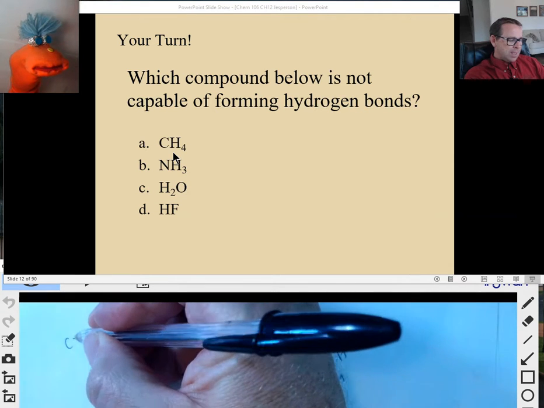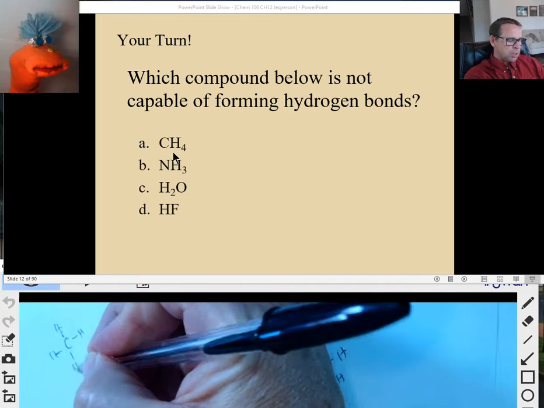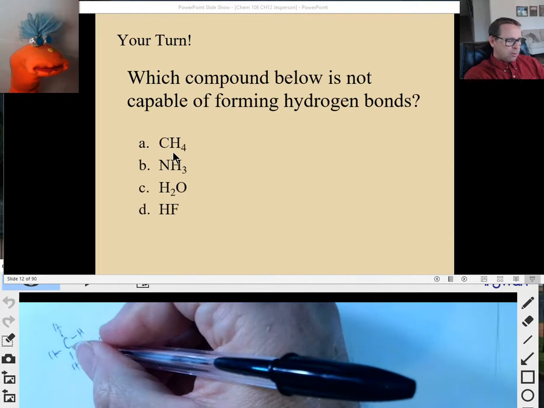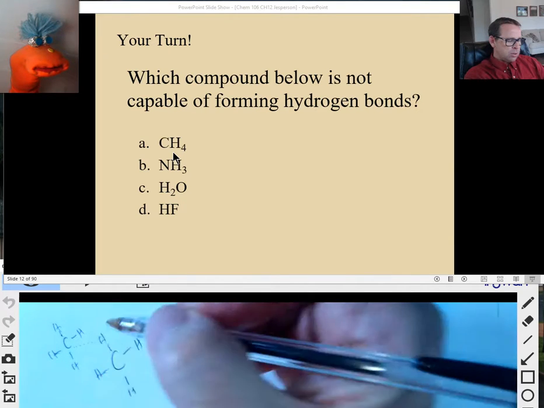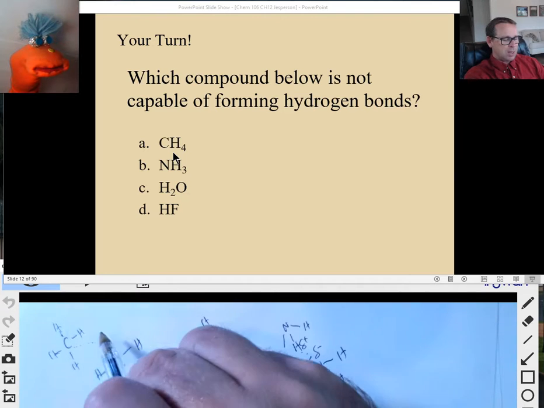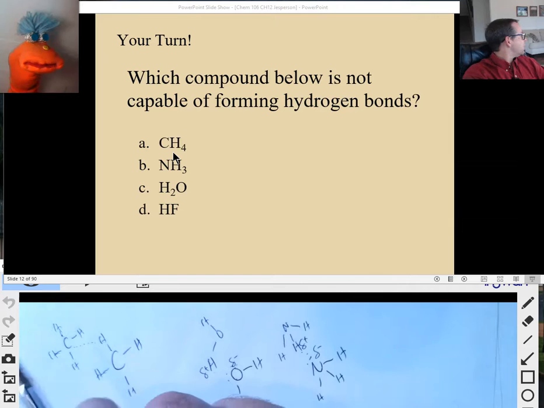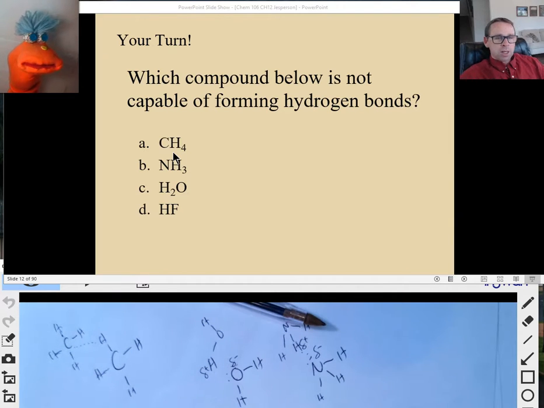And any intermolecular interaction with a different molecule of CH4, methane, would have to be with the carbon and the hydrogen. And so even if there was, which there's not very much of a slight positive charge on the hydrogen, or slight negative charge on the carbon, even if there was, then you're not going to get a hydrogen bond because carbon is not one of those big three. Does that make sense? Oh, yeah, that makes sense.